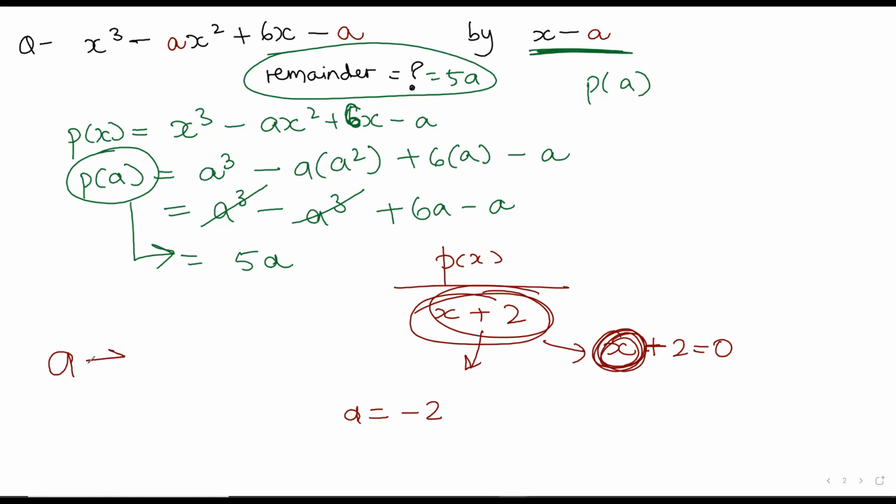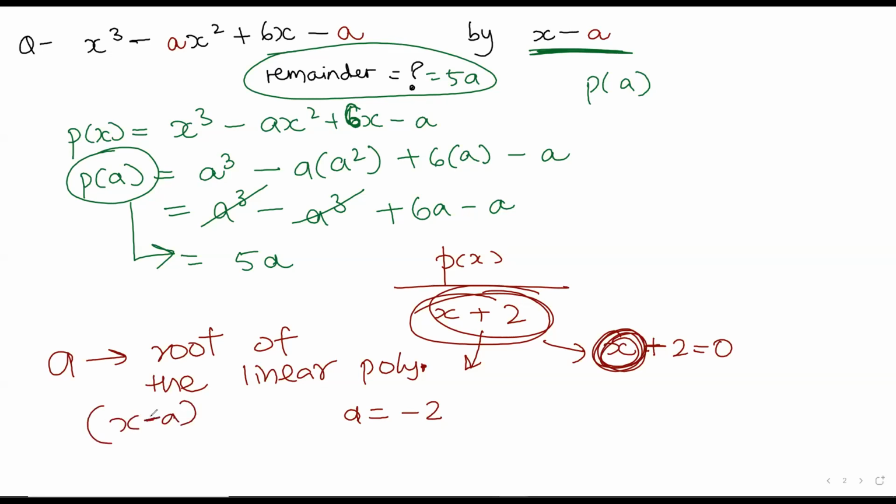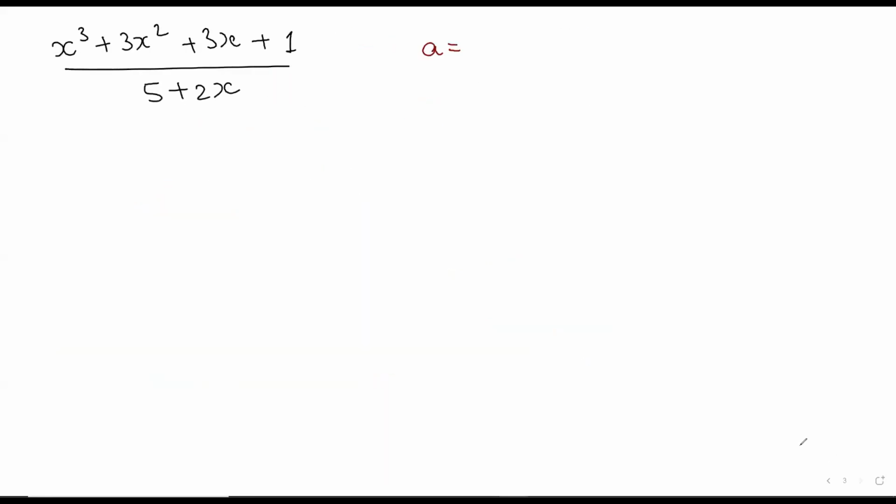So what is a? A is the root of the linear polynomial. What is the linear polynomial? It is x minus a. So over here, how are we going to find the root? We have to say, well, 5 plus 2x is equal to 0.